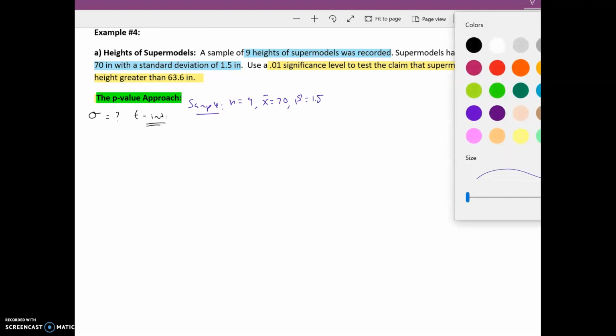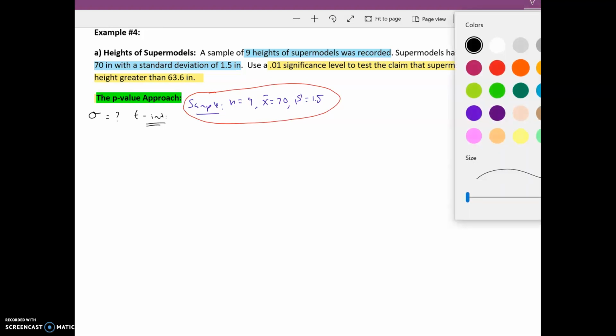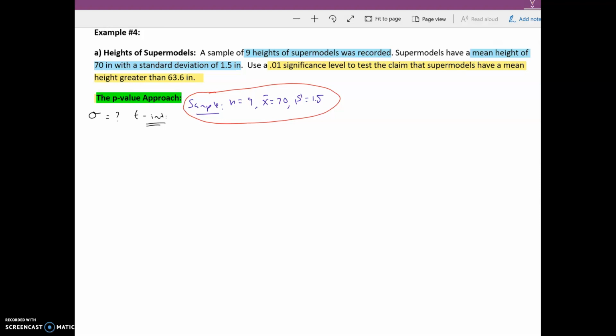So this is the main information on the sample. That's what we're going to be comparing. The next step is to determine what type of test we're going to be actually doing. In this case, it's a test for the mean. And the claim is that the actual mean is greater than the values of 63.6.